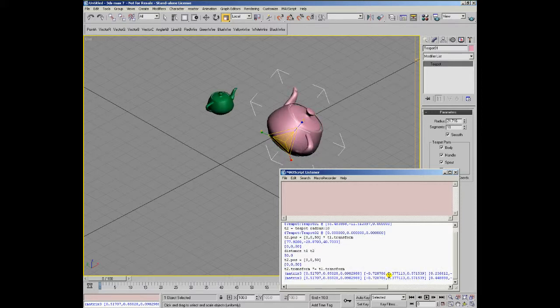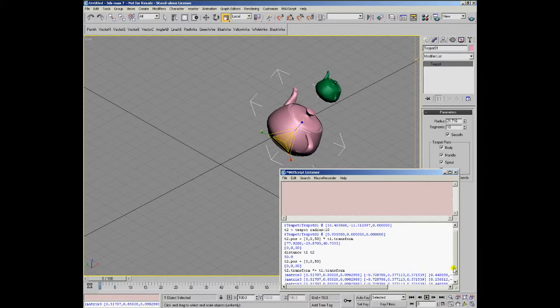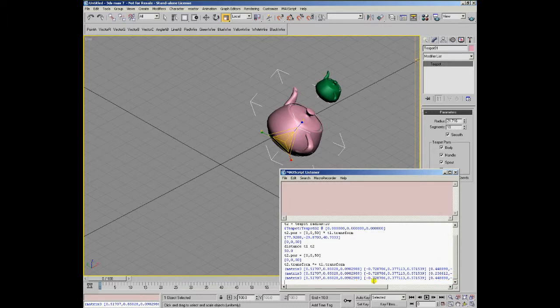Not only can we transform into the coordinates of an object, we can also transform back into world coordinates, into world space, by multiplying the transformation matrix of the already transformed object by the inverse of the user coordinate system's transformation matrix.